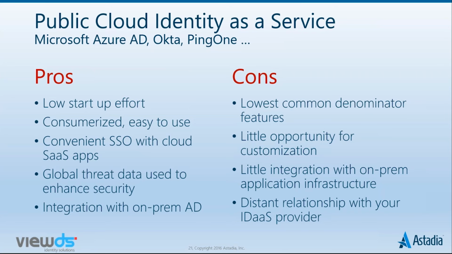There's little opportunity for customization, and when you think about it, it makes sense because these public cloud identity platforms are really designed to provide identity as a service to a huge community of enterprises. So it's got to be fairly basic so that it scales well to those kinds of numbers. If they supported a lot of customization, that would drive the operating costs of the system up tremendously.